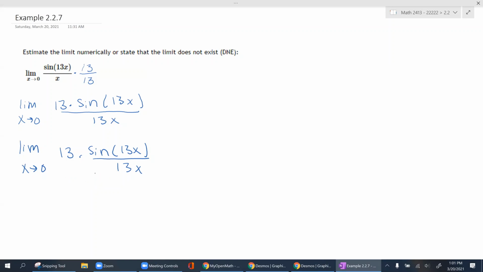In your book, your limit laws are on page 161, Theorem 2.5. Look at the constant multiple law for limits. This just means if two things are multiplying, you can distribute that limit to what you're focused on. So this is the limit as x approaches 0 of 13 times the limit as x approaches 0 of sine of 13x over 13x.